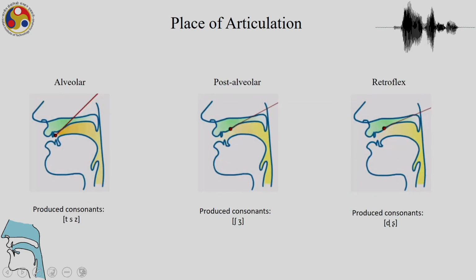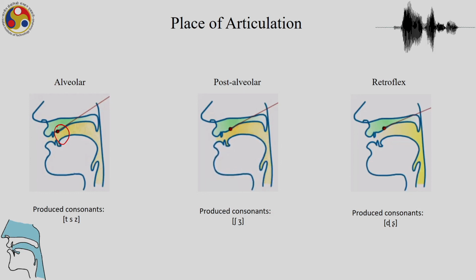There are other places of articulation like alveolar, as we discussed. Here you can see the tip of the tongue makes a constriction at the gum area behind the upper teeth. Then we have post-alveolar consonants like sh, zh.